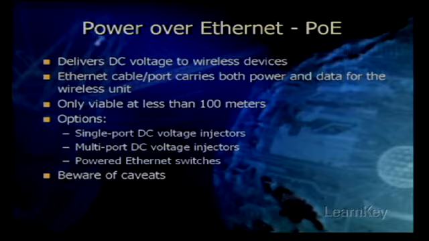The other thing that you have to be aware of that's definitely one of the most important caveats is the unused pins that are used to carry the power on the Ethernet port are absolutely not standardized. One manufacturer may carry power on pins 4 and 5, while another carries it on pins 7 and 8. If you connect a cable accidentally carrying power on 4 and 5 to an access point that does not accept power on those pins, the access point will not power up, and you do stand the danger of damaging equipment. So be very careful of those.